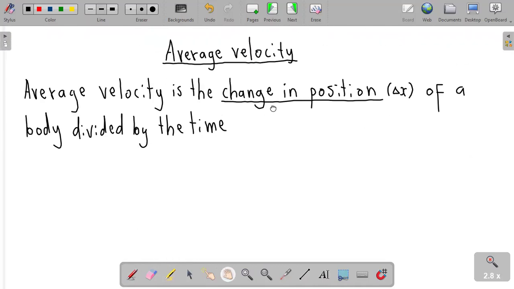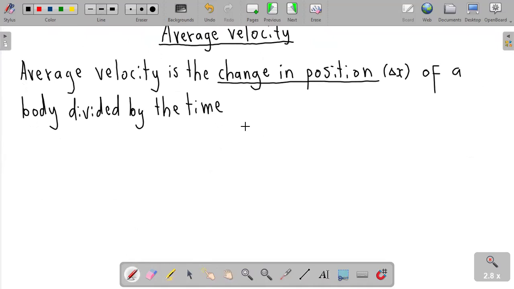The time is the same, because time is a scalar quantity.